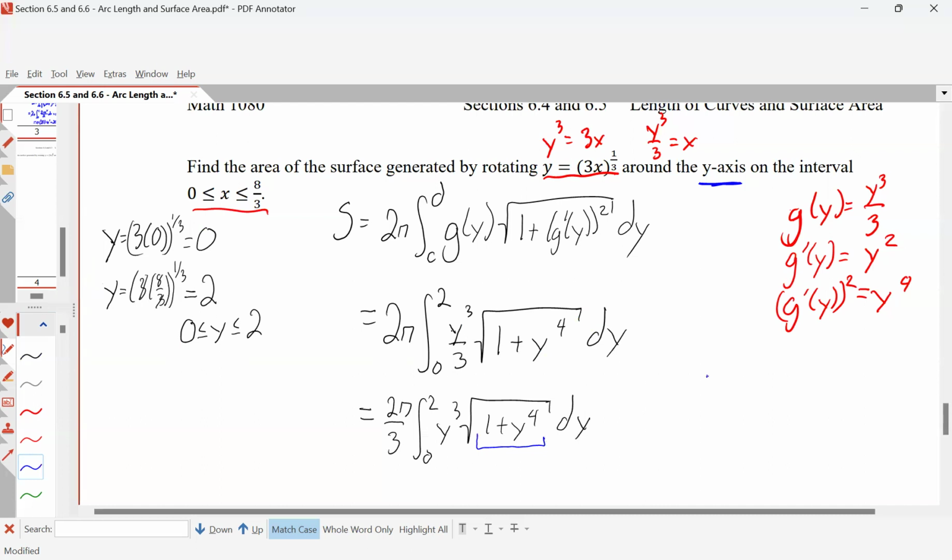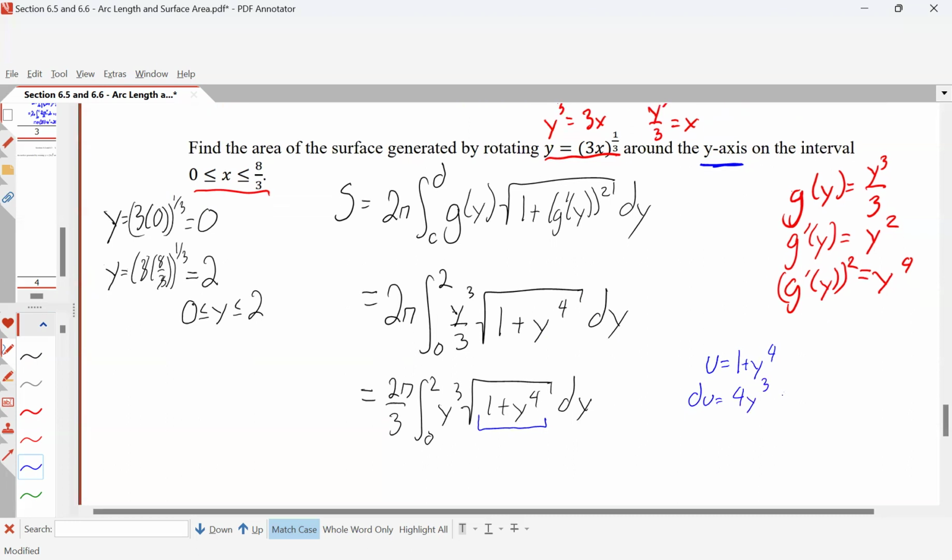So we're going to do a u sub where u equals 1 plus y to the 4th, and du equals 4y cubed dy, or 1/4 du is y cubed dy.